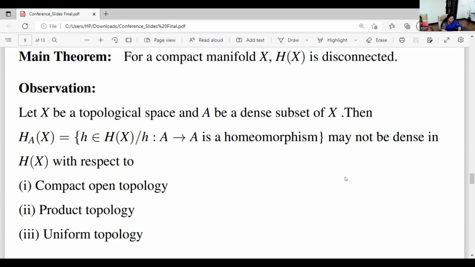Your first case is compact open topology. I didn't get the question. In this observation, did you observe whether this HA of X constitutes the infinite complement topology or the finite complement topology? Did you observe it or not? I haven't checked for that.